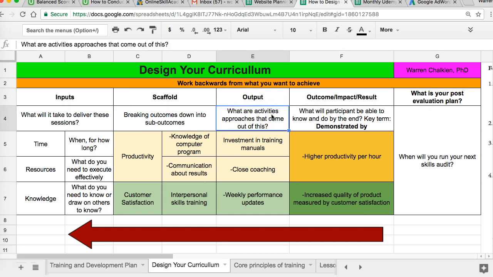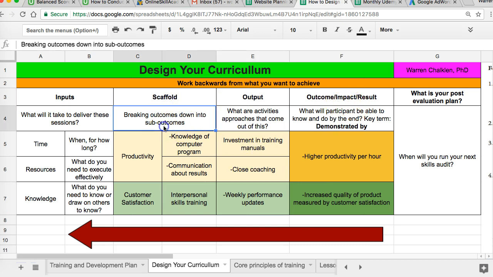An output talks about the activities or approaches that come out of this process. For example, an output or an activity is our training manuals and our coaching sessions, or in addition, our weekly performance updates. Those are activities that we include that help us attain our result or our impact.